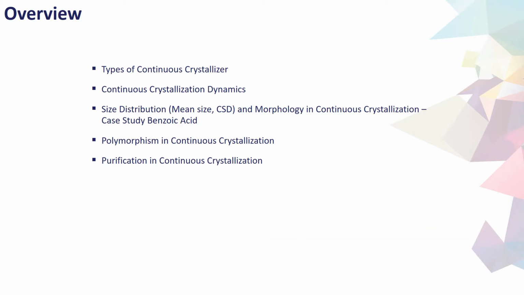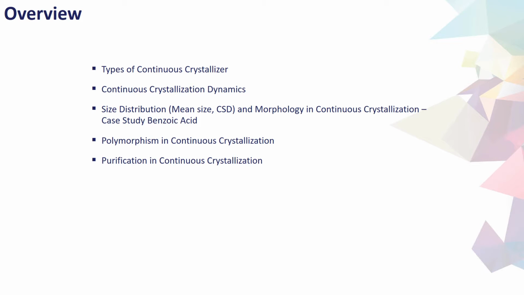Over the course of today's webinar, we'll of course discuss continuous crystallization of active pharmaceutical ingredients. To this end, we'll first discuss the types of continuous crystallizers that have been used in the scientific literature and in the industry to date in isolating APIs continuously.